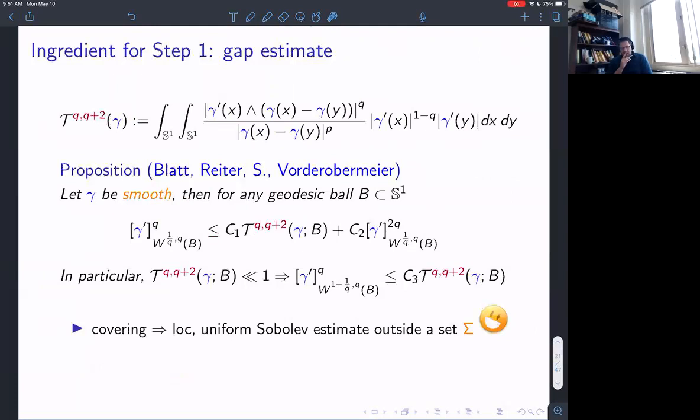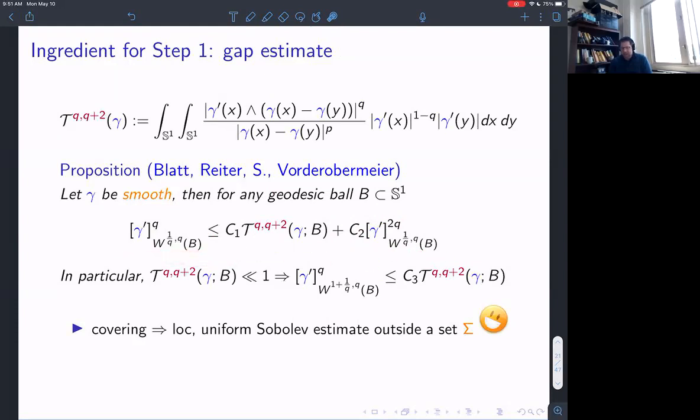And so the argument, once you have it, is relatively easy. What you get is a gap phenomenon. Pointwise, whenever you are smooth enough, you get that the Sobolev norm is controlled by the tangent point energy on a ball plus the tangent point energy squared on the same ball.